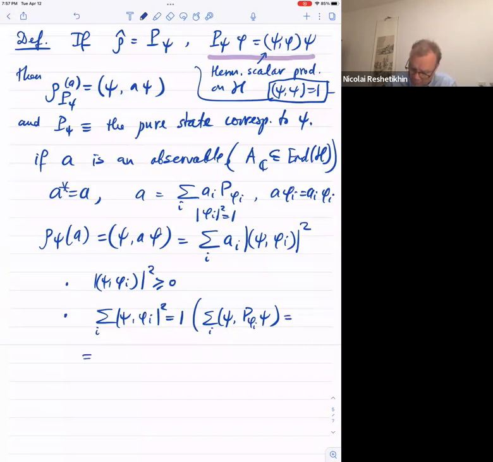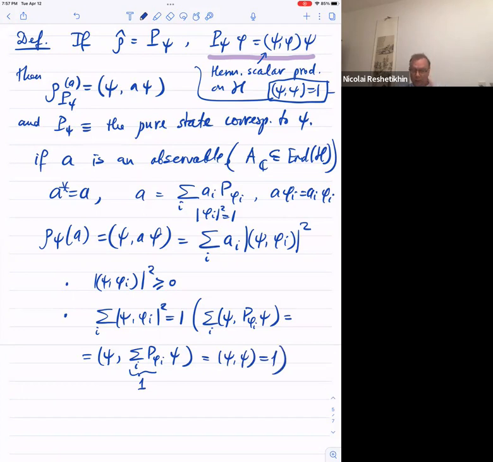This is the same as psi, sum over i of P phi i, psi, but we agreed that this phi i is a complete set of eigenvectors of the Hermitian operator A. So this is the partition of the identity operator in the Hilbert space. So this is the scalar product of psi with psi, and this is equal to 1.